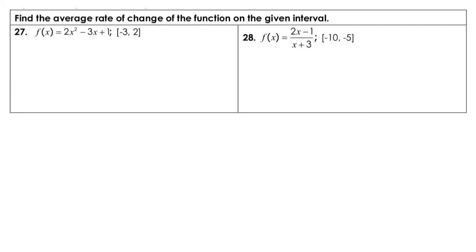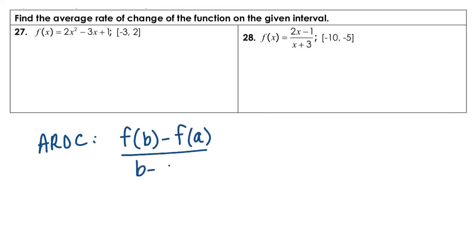Okay, for our next few problems, we are having to find our average rate of change. And keep in mind for your average rate of change, or AROC, that's going to be f at b minus f at a all over b minus a. And keep in mind that was whenever we were over an interval from a to b.